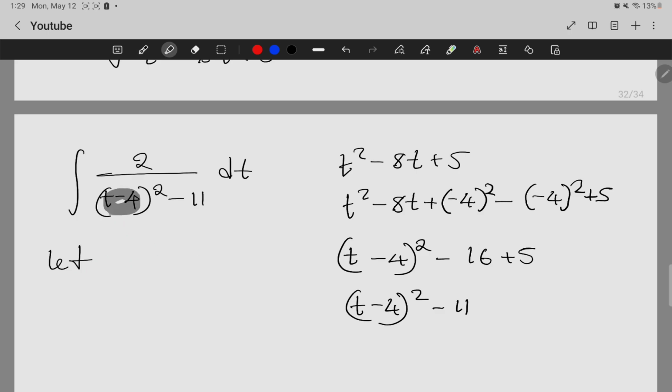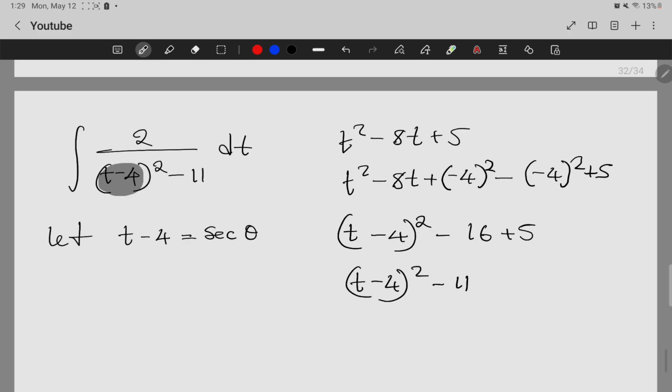this whole lot here be equal to sec. So let t minus 4 be equal to sec theta.